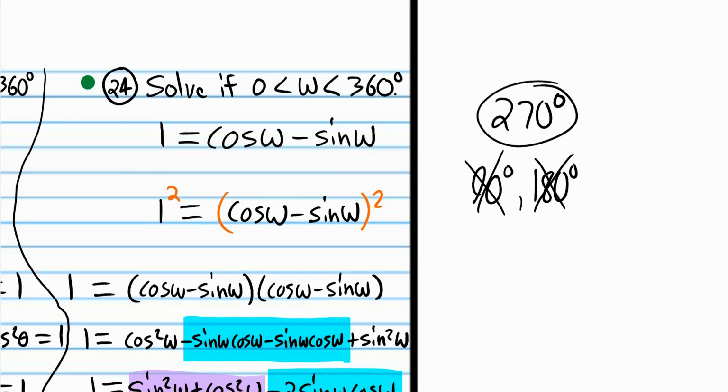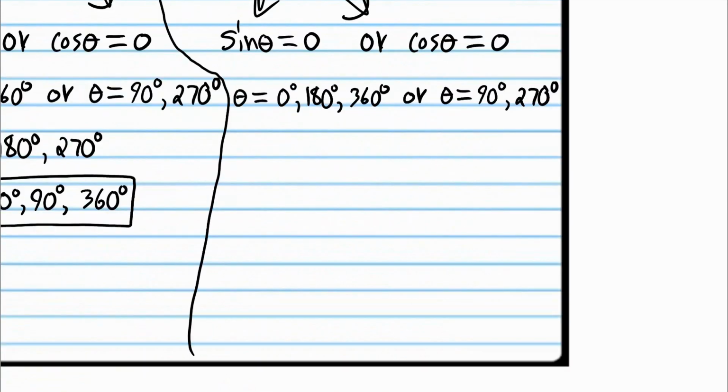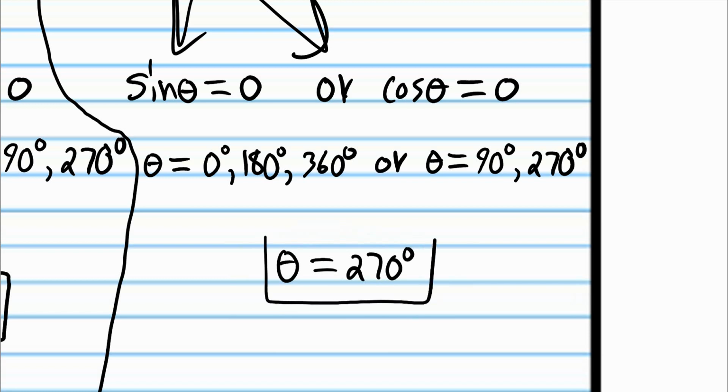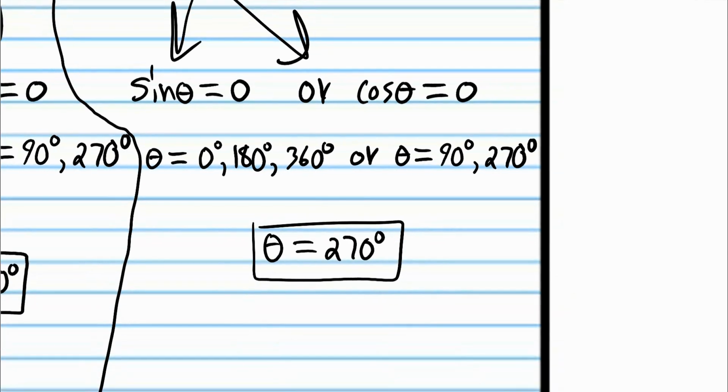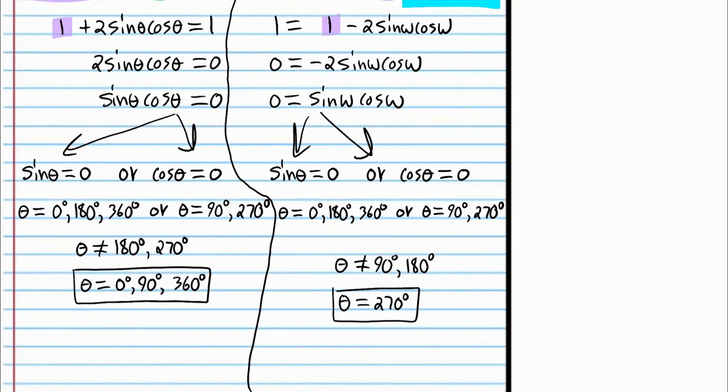So it looks like 270 is the only solution to this equation in that interval. So theta is equal to 270 degrees. And we have a lot of extraneous solutions, but I guess we can list them. So theta is not equal to 90 or 180.